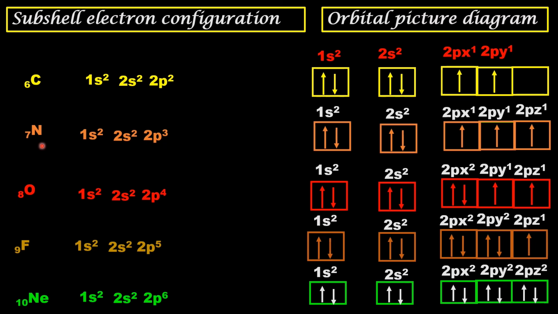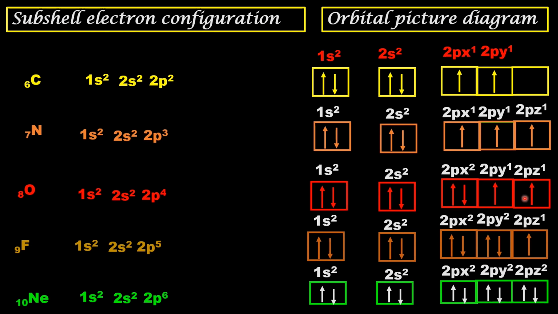Next is nitrogen. Atomic number is 7. It has 1 electron more than that of carbon, and the additional electron moves to 2pz. This we have already seen in the previous video. Now when we come to oxygen, atomic number is 8. There are 4 electrons in p subshell. The 3 orbitals of the p subshell are singly occupied already.